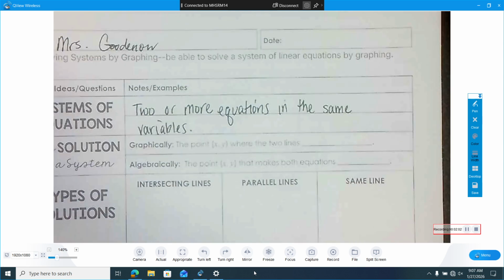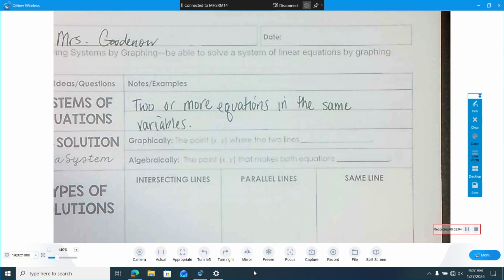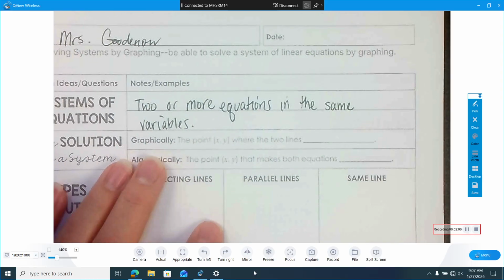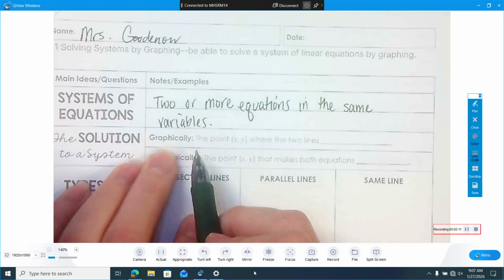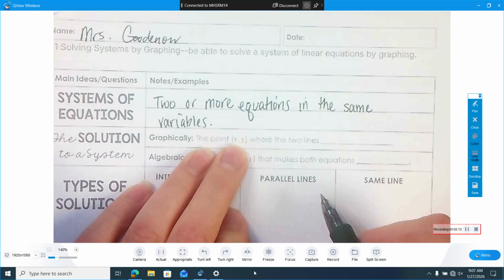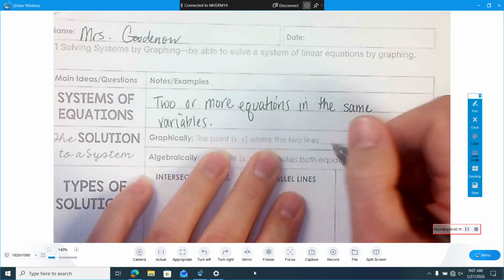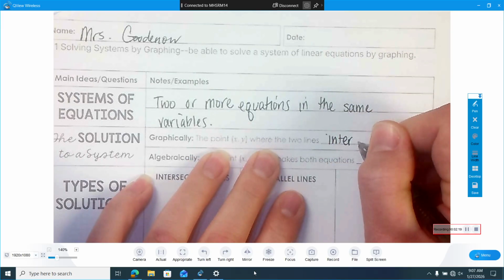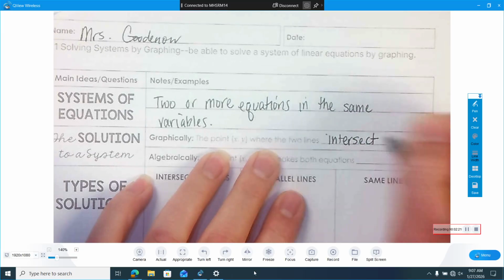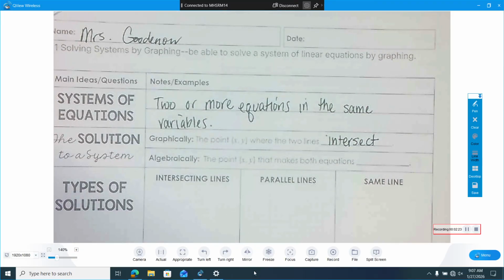So we're starting with two equations and two unknowns. And the solution to the system graphically is the point where the two lines intersect. And that's what we're starting with. It's the point that our two equations have in common.